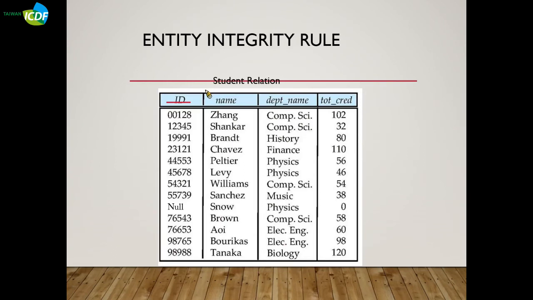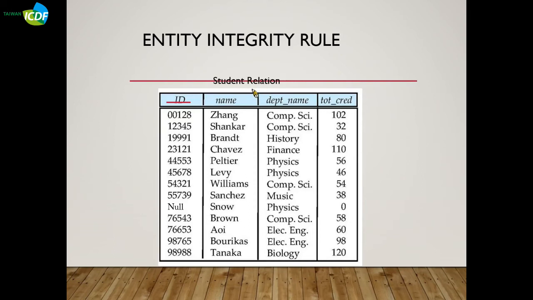In order to achieve the goal of data consistency, two integrity rules are designed in the relational model. The first one is the entity integrity rule. This rule mainly confirms the internal consistency of a table.